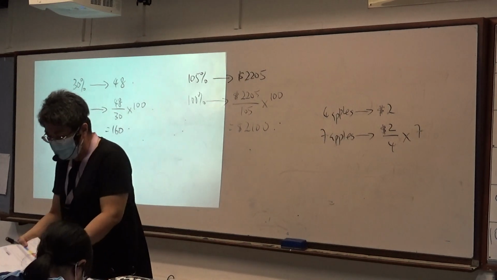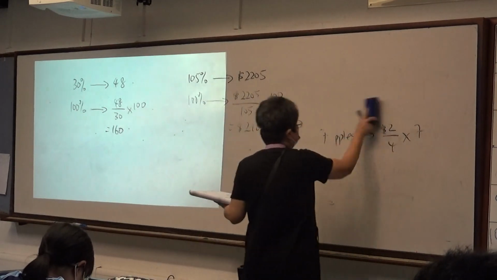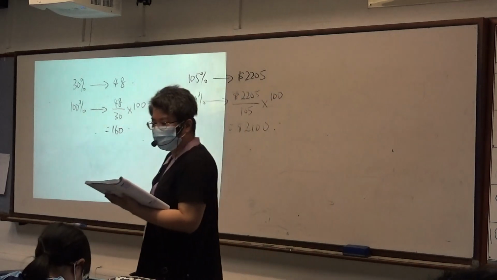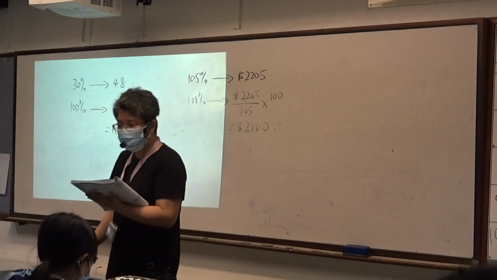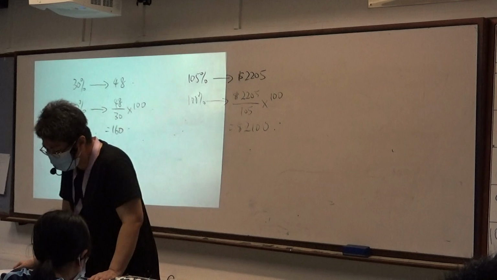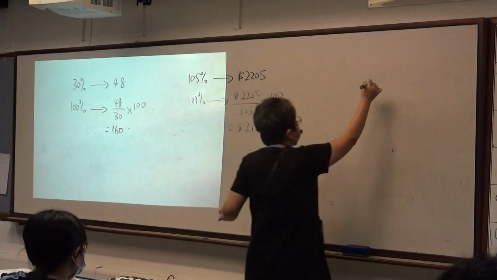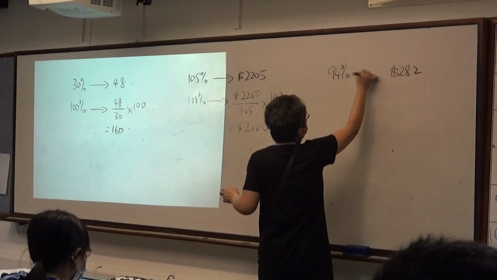Okay, next, can we look at example 15. Okay, the last example. If 6% is deducted from a bill, 282 remains to be paid. How much is the original bill? Okay, can you tell me 282 actually is how many percent? 94%, right?